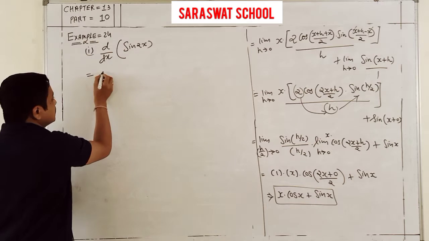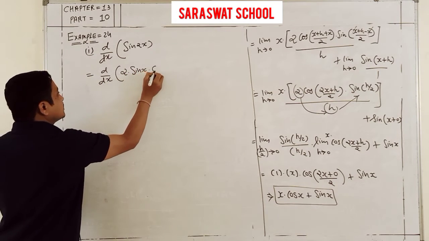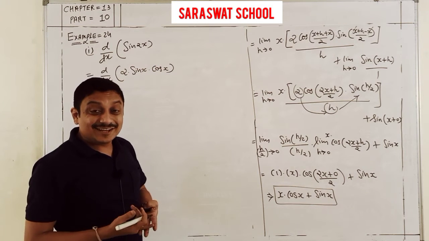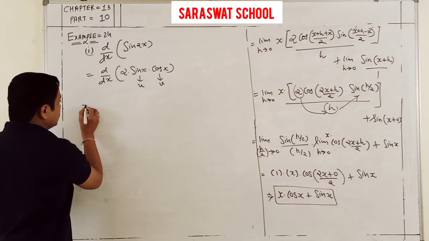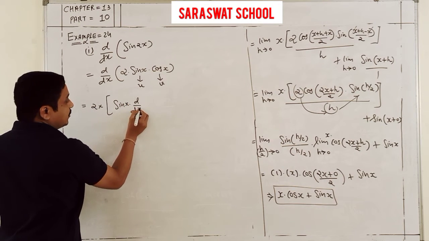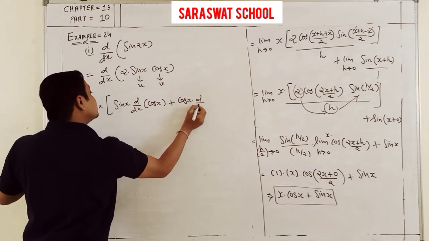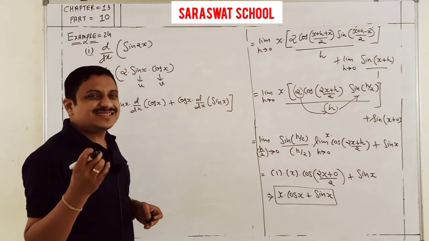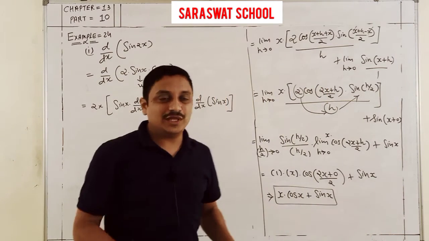Very easy. Just we will show that 2 into sin x into cos x. To make separate, apply your product rule, that is u v: first times second derivative plus second times first derivative. I will operate the basic working rule, the product rule, and now both formulas you know.